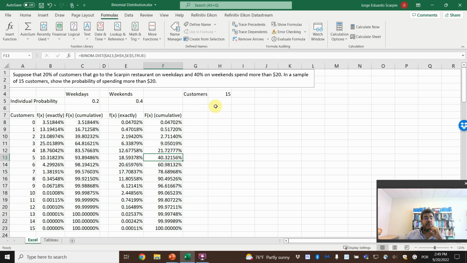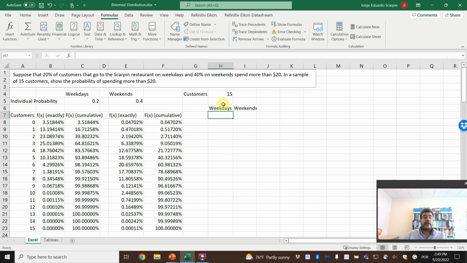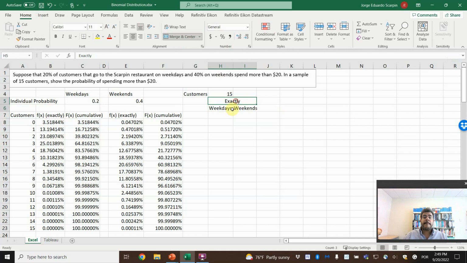And then let's change this one. So let's go here, weekdays, weekends, and for what we call here exactly. And let's merge it, and let's copy and paste.